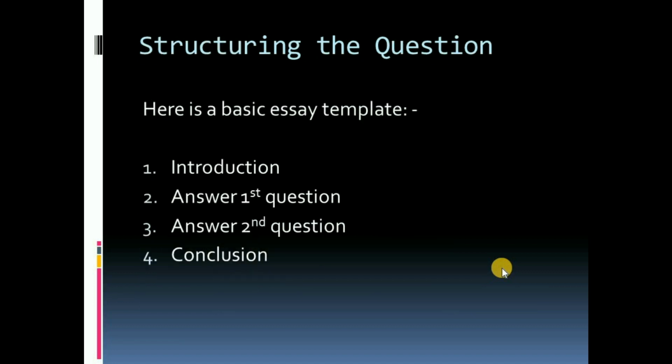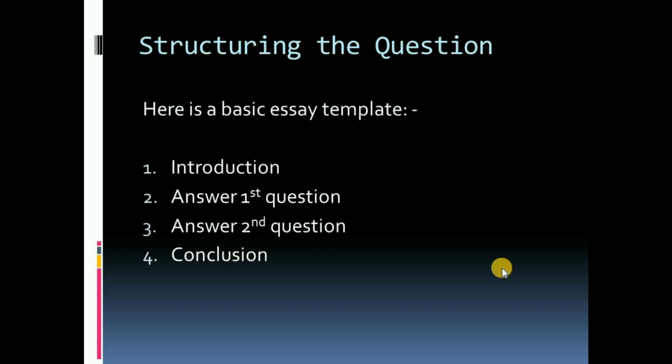Next, you need to structure your answer. This is fortunately very easy. In my previous video, I talked about whether you should write 4 or 5 paragraphs in an IELTS Writing Task 2 essay. However, in this kind of question, you should only be writing 4 paragraphs.